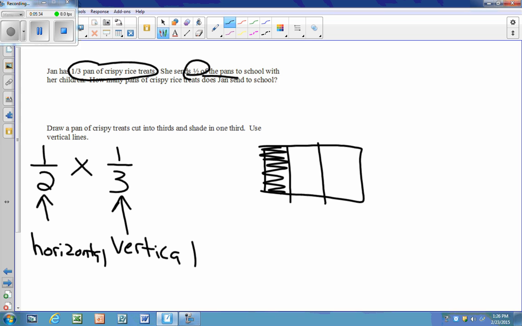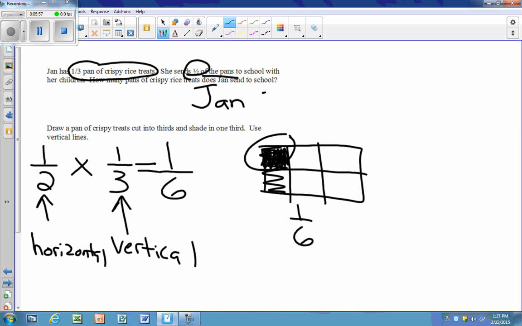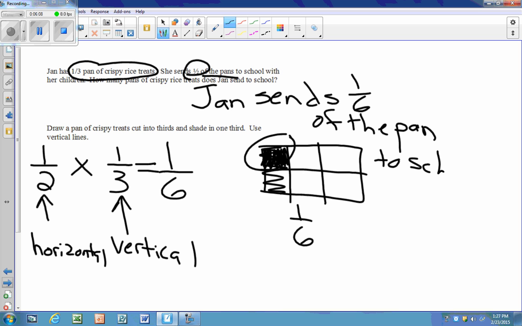So now we're going to split this in half. And we're going to shade that in darker. 1/2 of my 1/3, and that shows this section right here is 1/6 of the pan. So if I multiply it, 1 times 1 is 1, 2 times 3 is 6, they match. So I could then write Jan sends 1/6 of the pan to school, of the whole pan. Yes, she only cooked 1/3, but we're talking about of the pan.